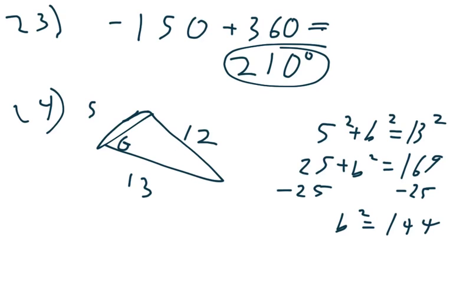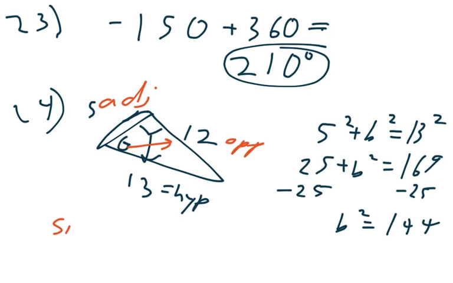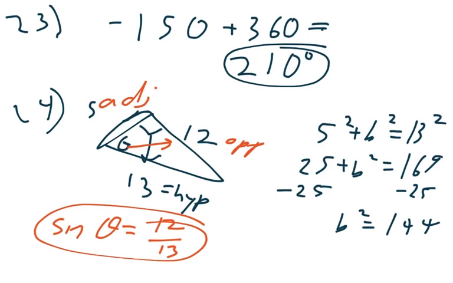And here's theta. And here's the right angle, which means 13 is the hypotenuse, which is why I made it C. 12 is the opposite, and 5 is the adjacent, which means the sine of theta, which equals the opposite over the hypotenuse, would be 12 over 13.